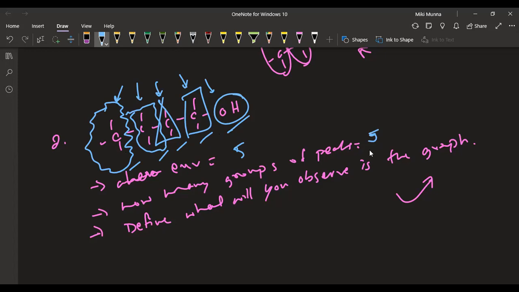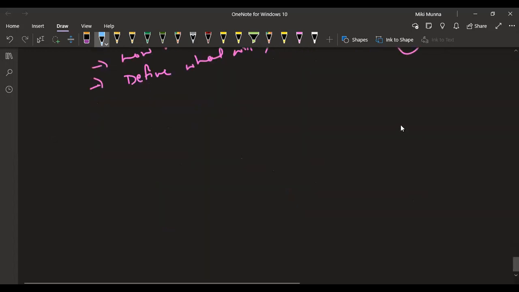Now we have to define, as I have mentioned, what we will observe in the graph. We also have to take information and help from the data booklet. So for the CH3 group present here, let me go a bit above.